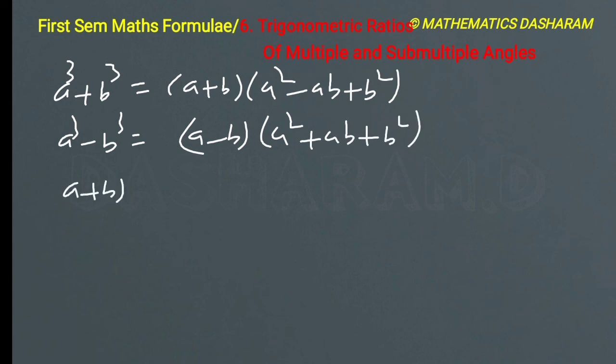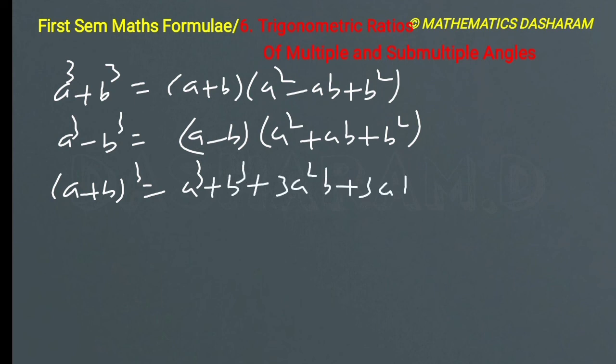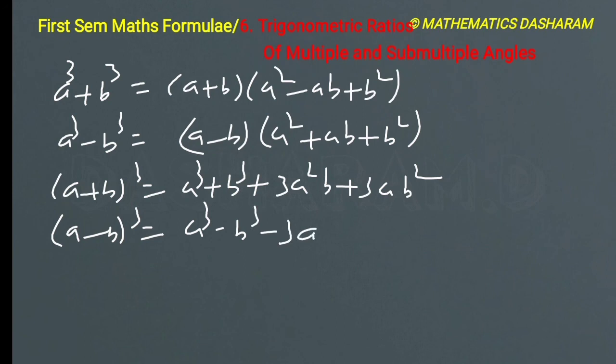Next, (a plus b) whole cube equals a cube plus b cube plus 3a square b plus 3ab square. And (a minus b) whole cube equals a cube minus b cube minus 3a square b plus 3ab square.